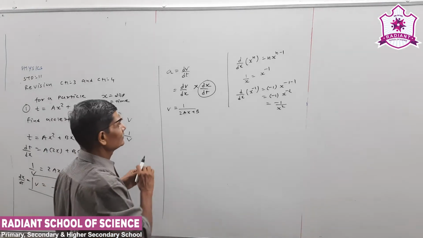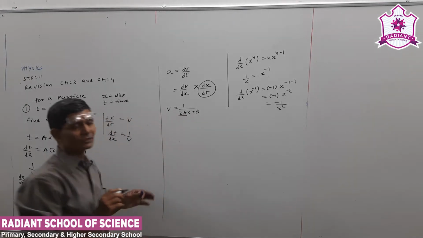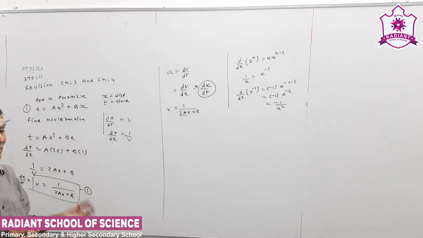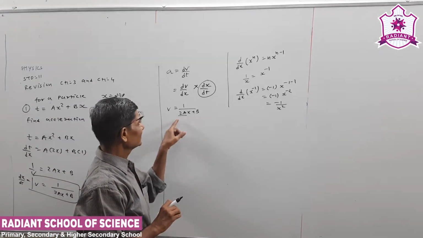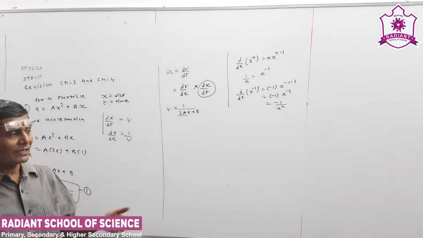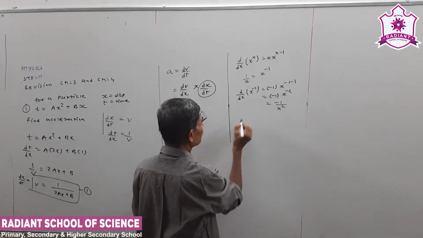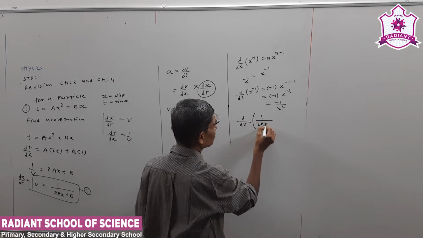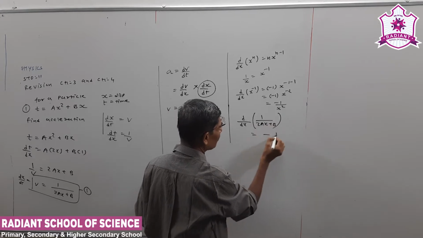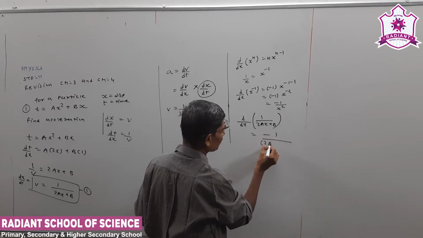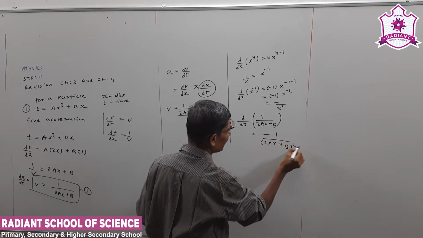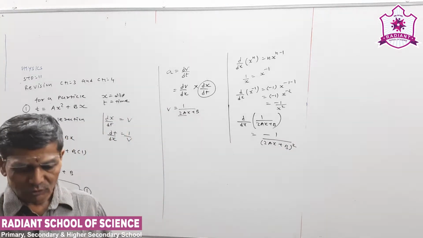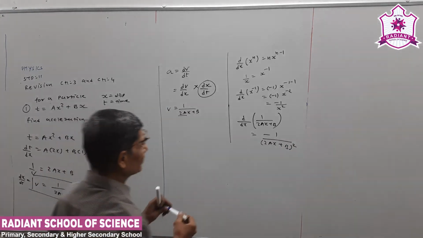But here x is not alone, here 2a is the multiplier. So whenever there is a coefficient with x, we have to multiply with it. So the derivative of 1 upon 2ax plus b will be minus 1 upon 2ax plus b whole square, and as a rule, we should multiply with the coefficient of x.